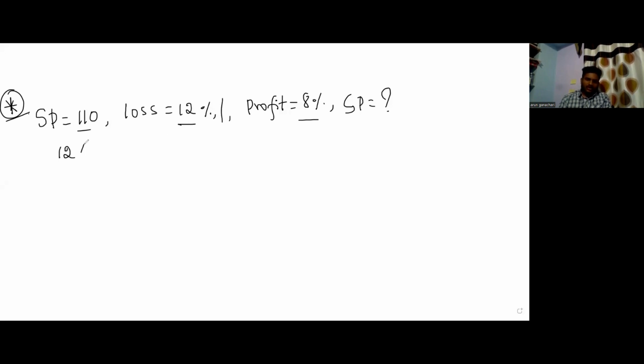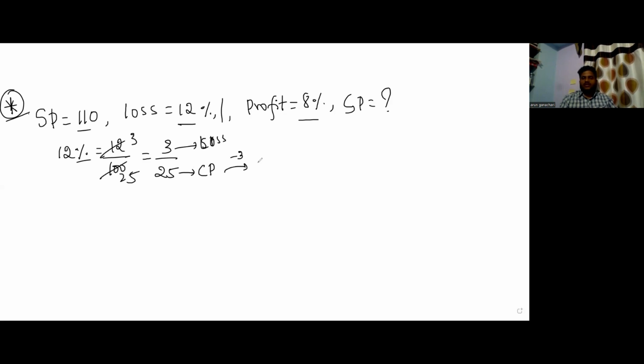We converted this 12% into a fraction. How did we convert it? We divided by 100 because percentage itself means 1 by 100. So cancel it, and it will be 3 by 25. What is 25 here? 25 was the cost price. Always remember, the denominator will be our cost price. And 3 is the loss, so we are having a loss.